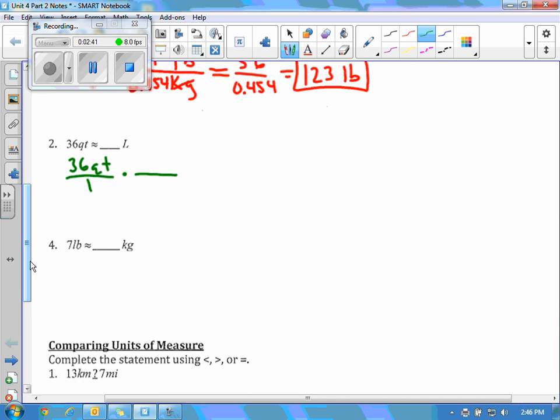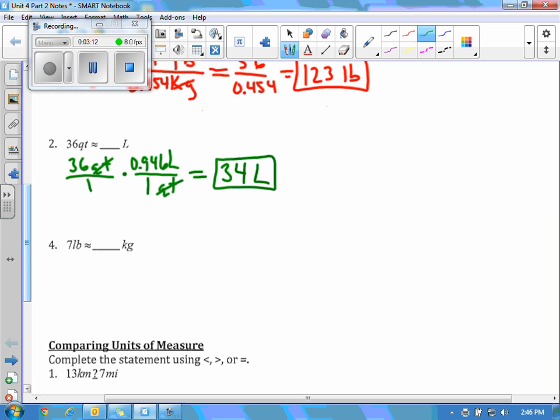Quarts were the numerator of the first one, so they become the denominator of the second one, which means liters is going to be on top. My conversion is 1 quart to 0.946 liters. Now I can multiply, and the quarts are going to cancel out. 36 times 0.946, rounded to the nearest whole number, is 34. My unit that's left over is liters.